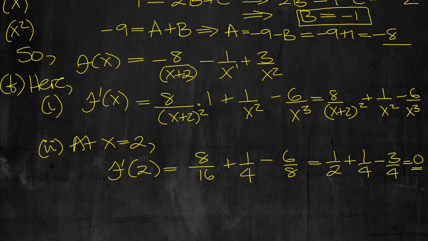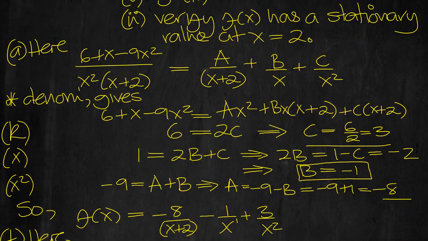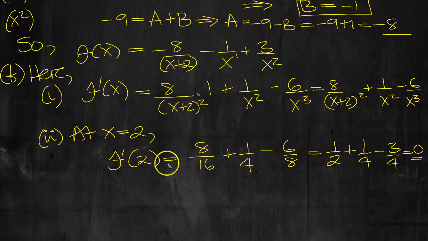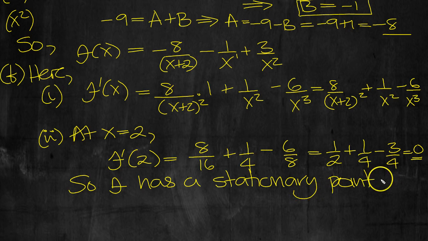So we verified that f has a stationary value at x equals 2. So f has a stationary point at the value x equals 2.